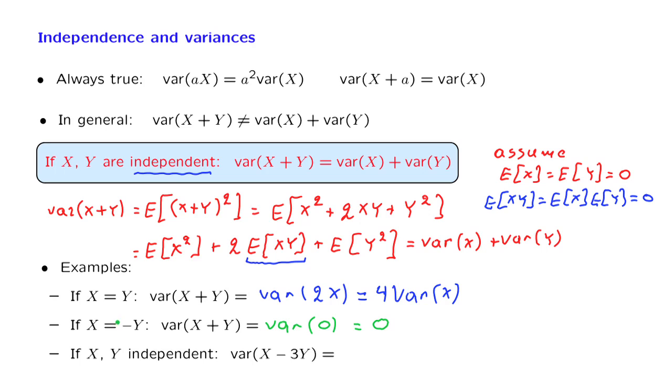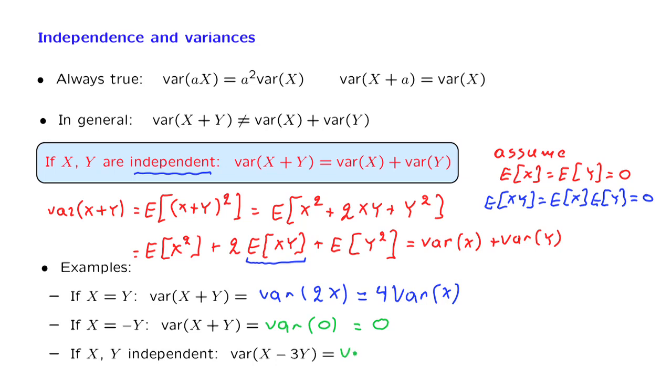So these two examples indicate that knowing the variance of each one of the random variables is not enough to say much about the variance of the sum. The answer will generally depend on how the two random variables are related to each other and what kind of dependencies they have. As a last example, suppose now that X and Y are independent. X is independent from Y, and therefore X is also independent from minus 3Y.